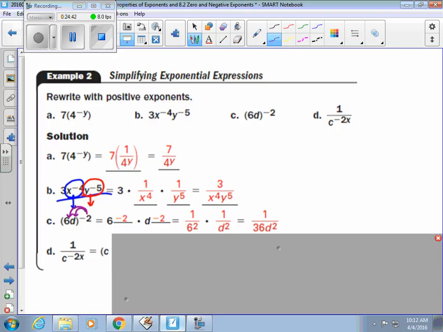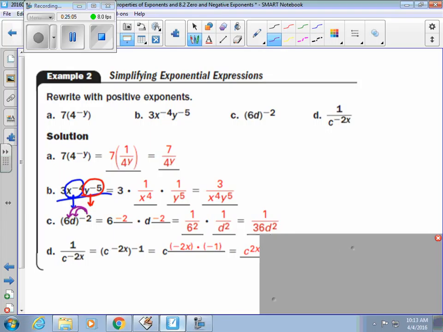And the last one, 1 over c to the negative 2x. Again, ride the elevator. c is being raised to a negative exponent. It's at the bottom. It rides the elevator up to the top, and it becomes c to the negative 2x to the negative first power. What you have to understand is it rides the elevator, so it's times the negative 1.